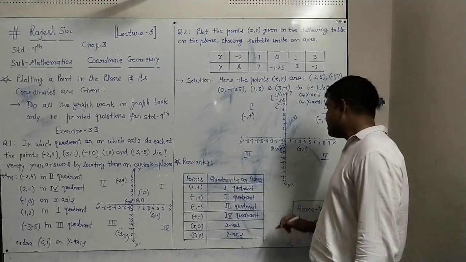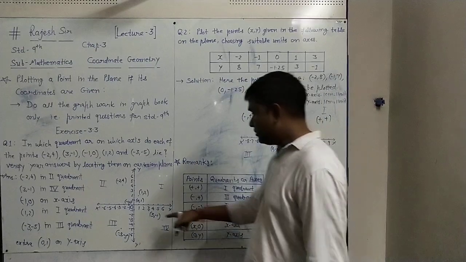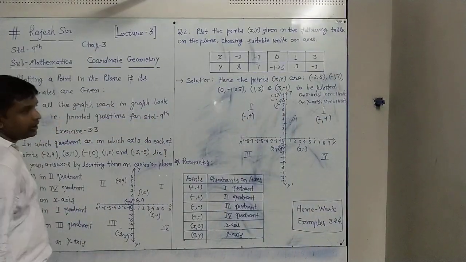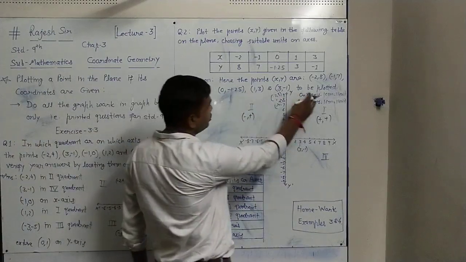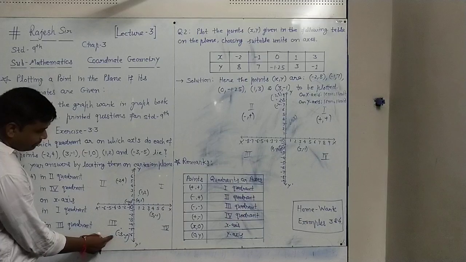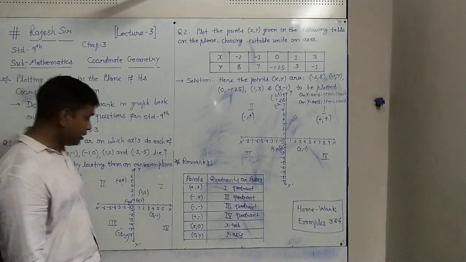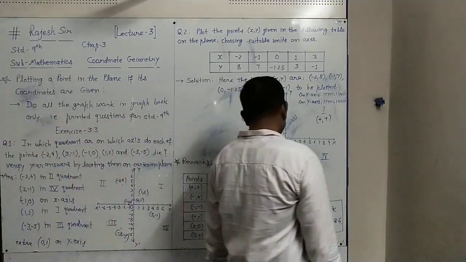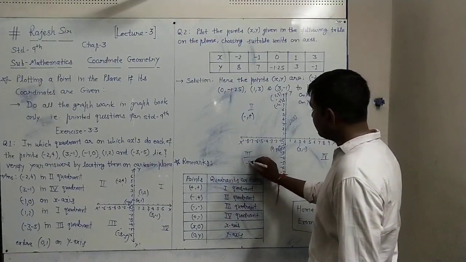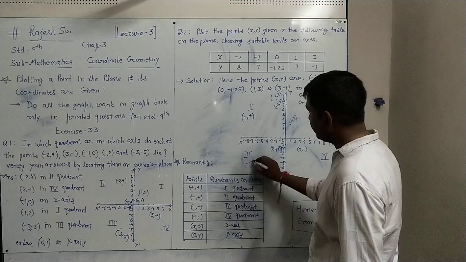In the third quadrant, both signs are minus. Here actually no point has both coordinates minus, but you can understand that if both signs are minus, then it comes in the third quadrant, right? It means in the third quadrant both the x and y coordinates will have a minus sign.